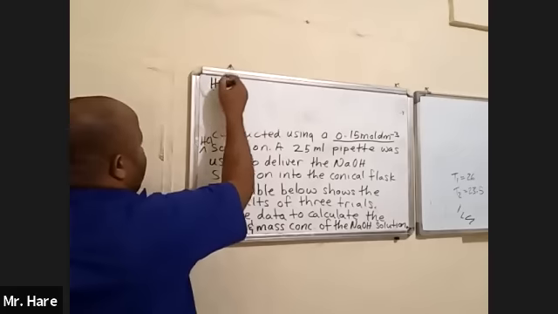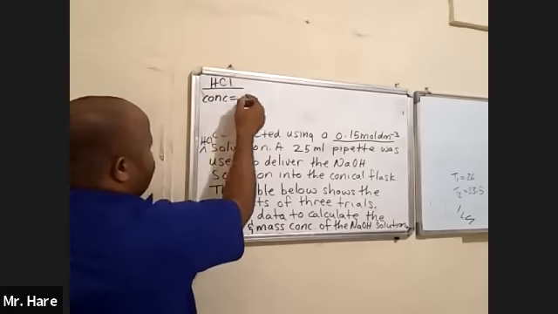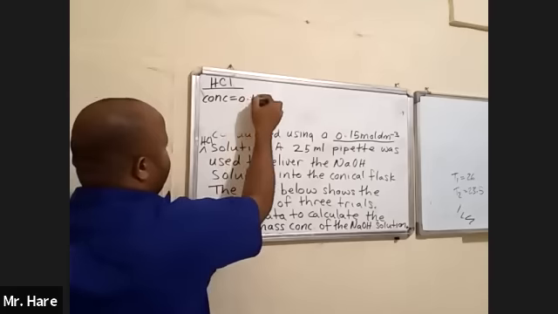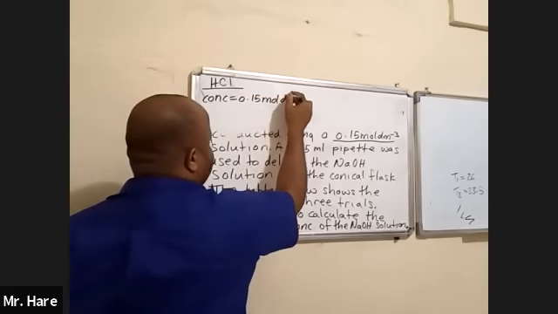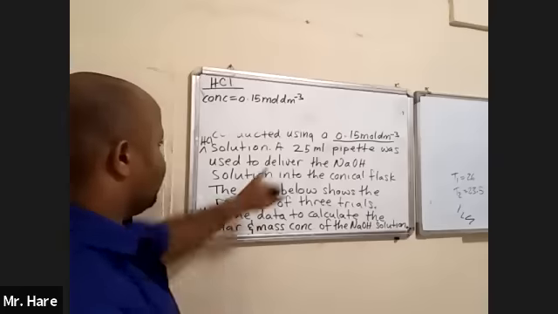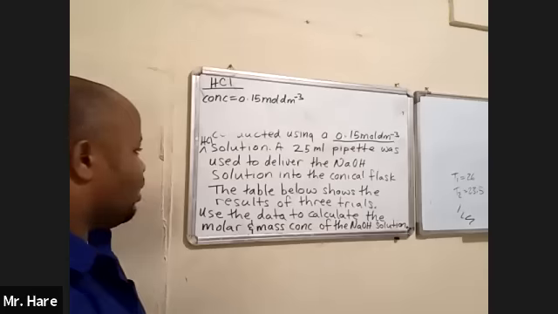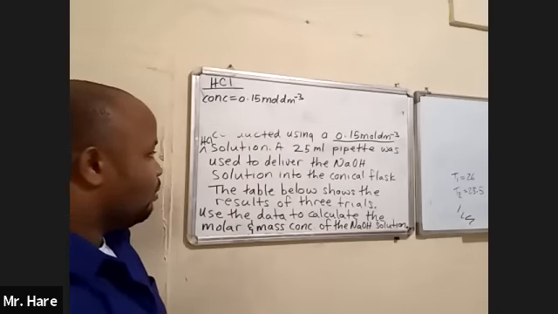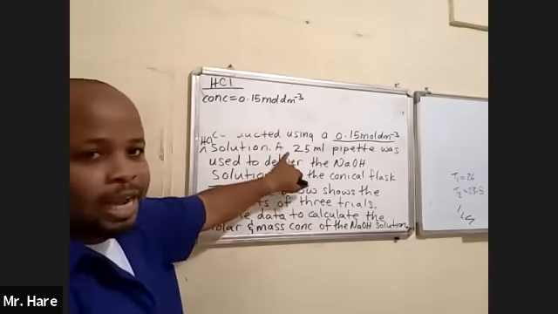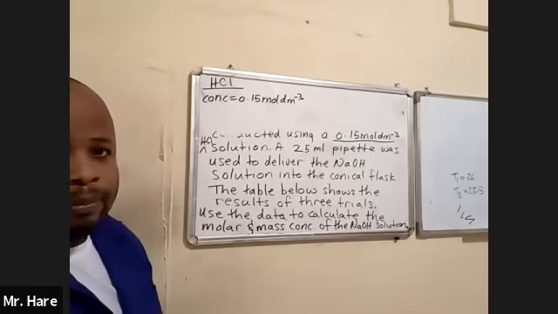So for the hydrochloric acid solution, we have the concentration, which is 0.15 moles per dm cube. Now it says a 25 ml pipette was used to deliver the sodium hydroxide solution into the conical flask. What is this sentence telling us? The volume.